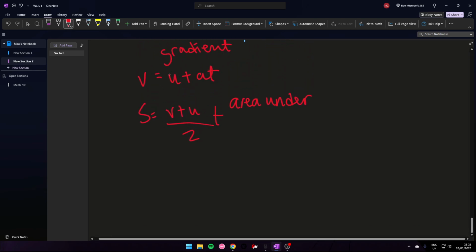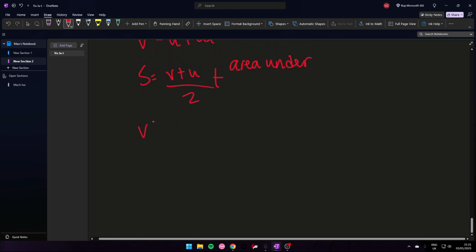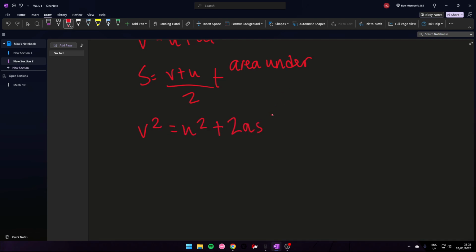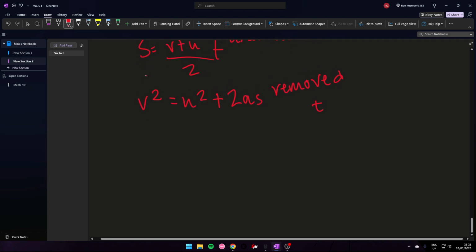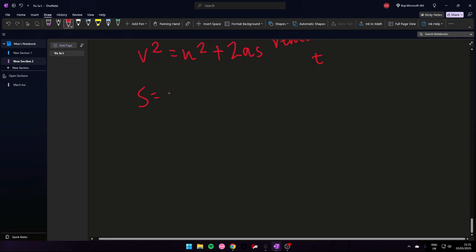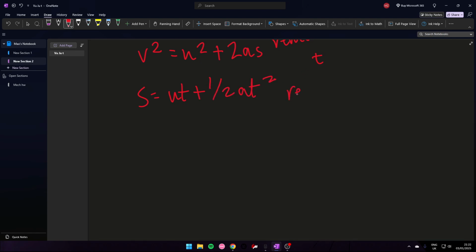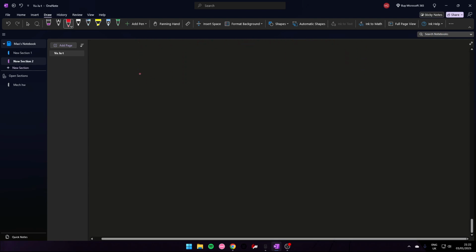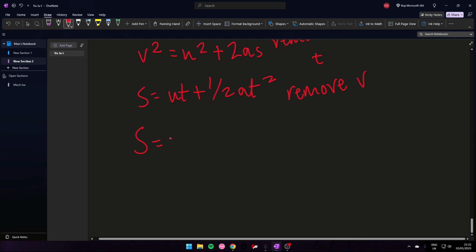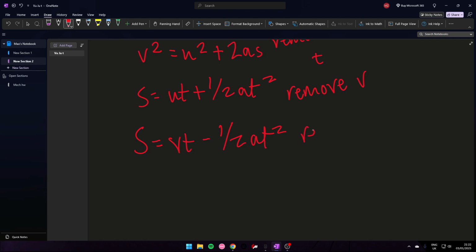To substitute out the t from the first equation, we ended up with v squared is equal to u squared plus 2as. To remove the v, we ended up with s is equal to ut plus half at squared. To remove the u, we ended up with s is equal to vt minus half at squared. And that's it.